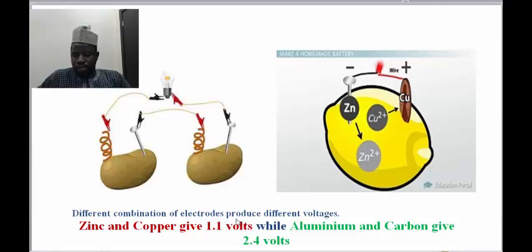For instance, zinc and copper can give you a maximum of 1.1 volt in one cell, while aluminum and carbon, with carbon replacing copper and aluminum replacing zinc, can develop up to 2.44 volt.